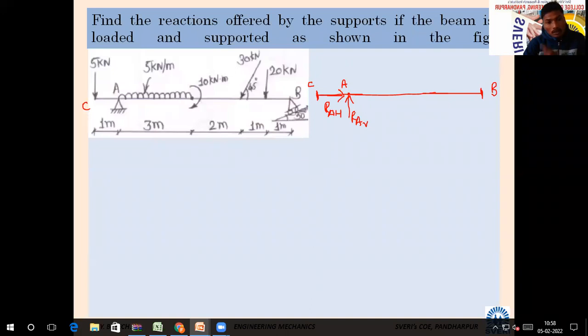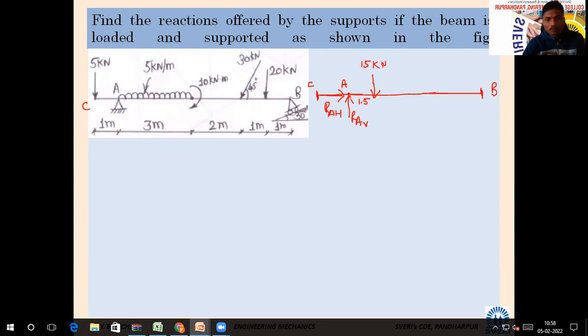What will be the intensity of the UDL? 15. And at what distance from point A do we have to apply that 15 kilonewton force? 1.5. So it will be a 15 kilonewton force at 1.5 meters.